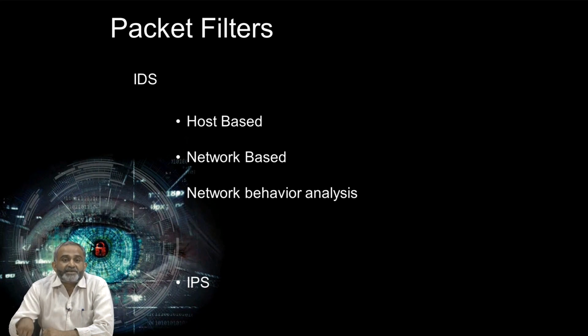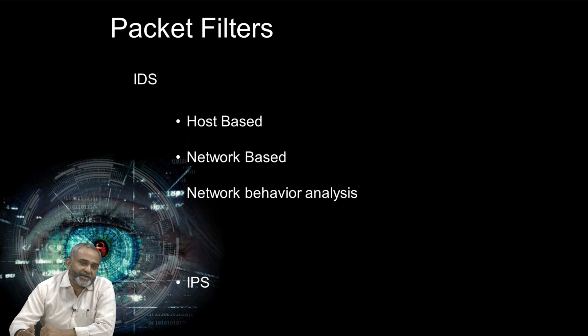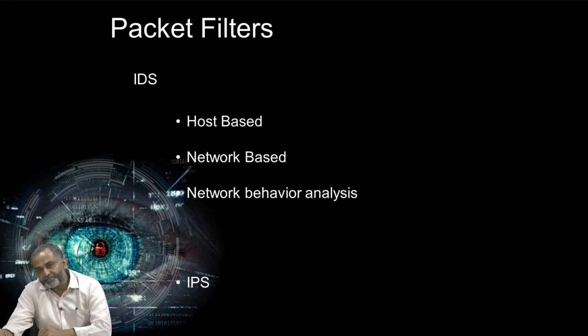But this is not a classification from the behavioral point of view or the functionality point of view. This classification is purely based on the configuration point of view. But another category is rule based intrusion detection system and anomaly based intrusion detection system.